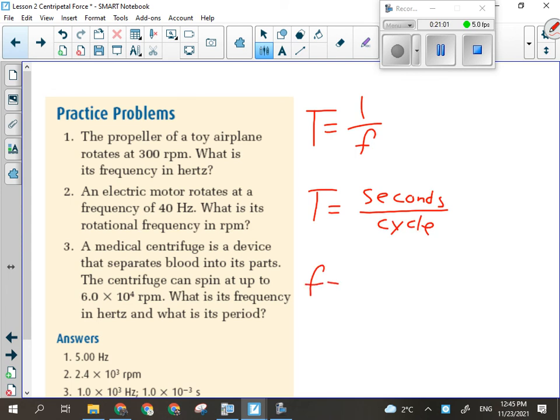And frequency is cycles per second, which is also sometimes written as hertz. So you know what you're being given in a question. We also talked about this formula, v equals 2 pi r over T, which is what our lab was about yesterday, which we also said could be written 2 pi r times f, because f is 1 over T.